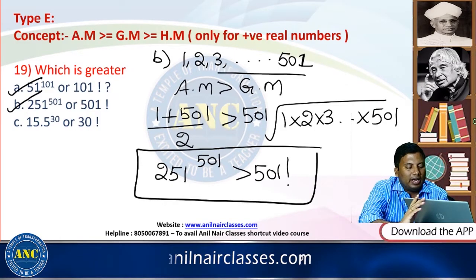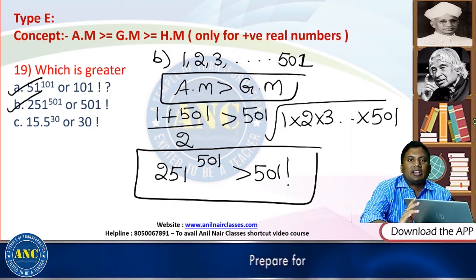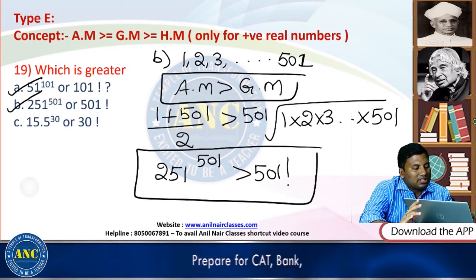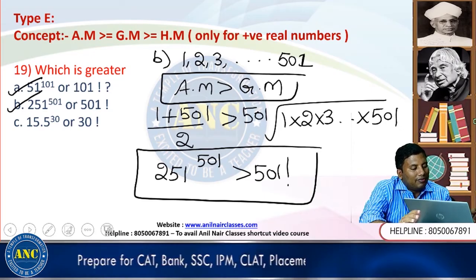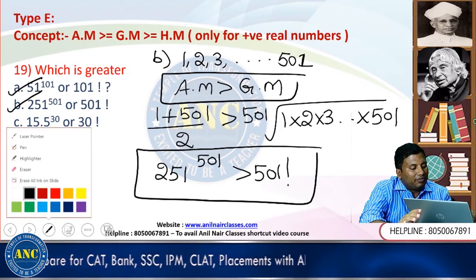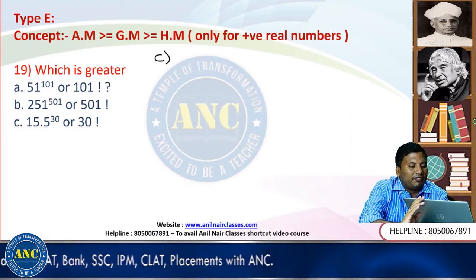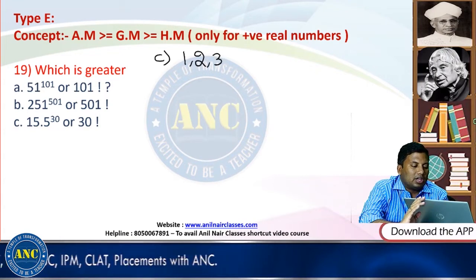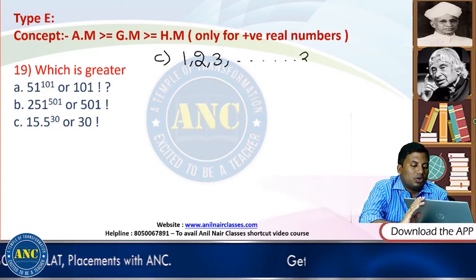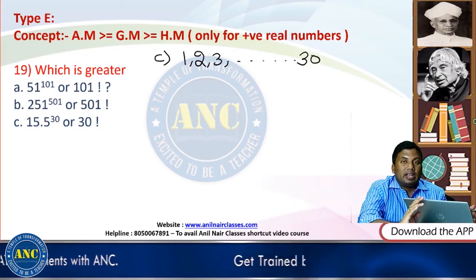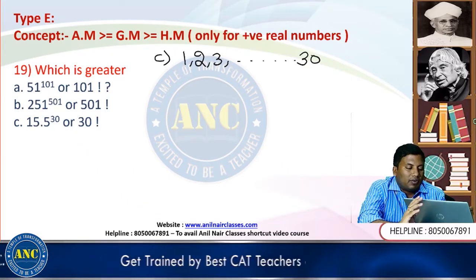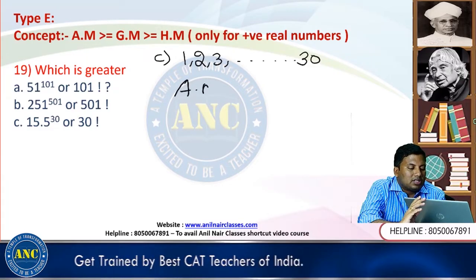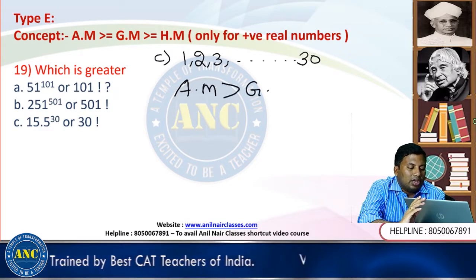Very simple idea. AM is always greater than GM. Third one. 15.5 power 30 or 30 factorial. So it is nothing but 1 into 2 into 3 till 30, it is 30 factorial. So I took all the distinct natural numbers from 1 to 30. AM is greater than GM.